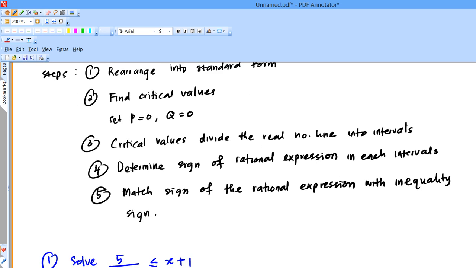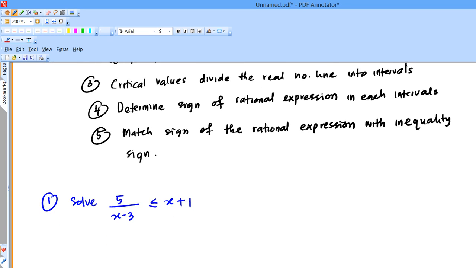Number 3, the critical values will divide the real number line into intervals, and then we determine the sign of the rational expression in each interval. Lastly, we match the sign of the rational expression with the inequality sign.